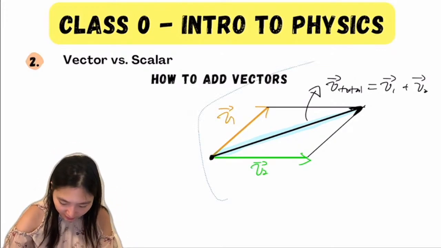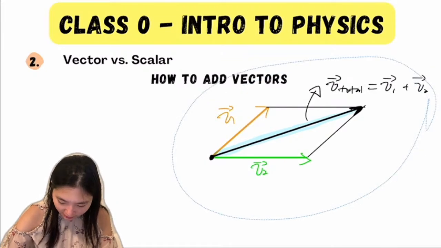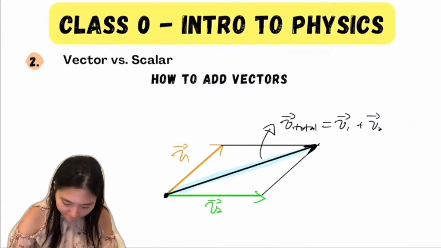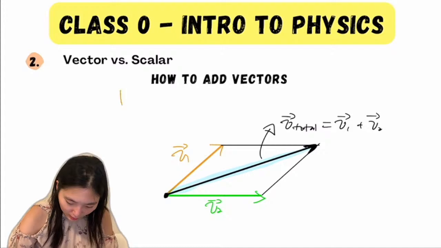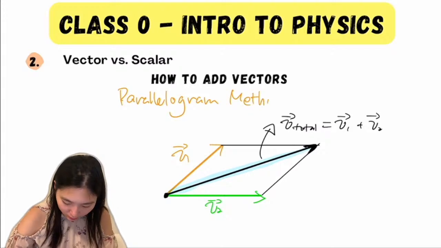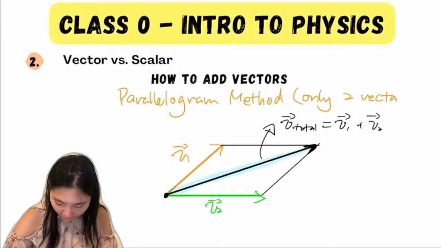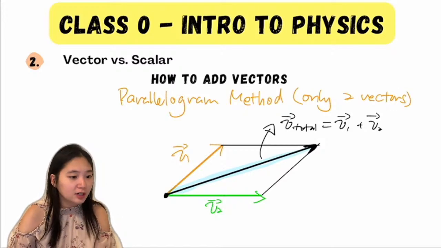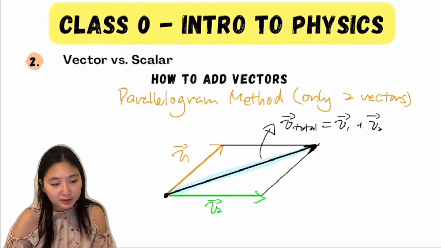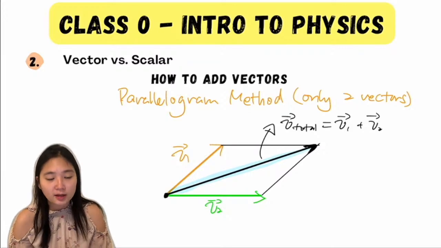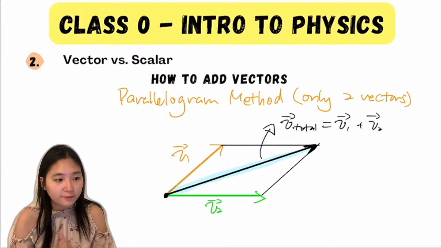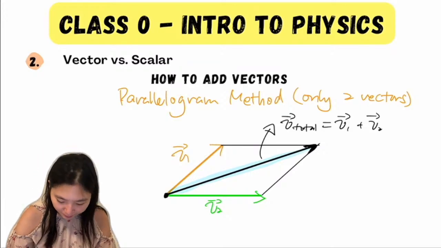Let me label this: this is the parallelogram method, so only 2 vectors. If you have more than 2, like 3, 4, 5 vectors, then you have to use the other one, the tail to tip method.